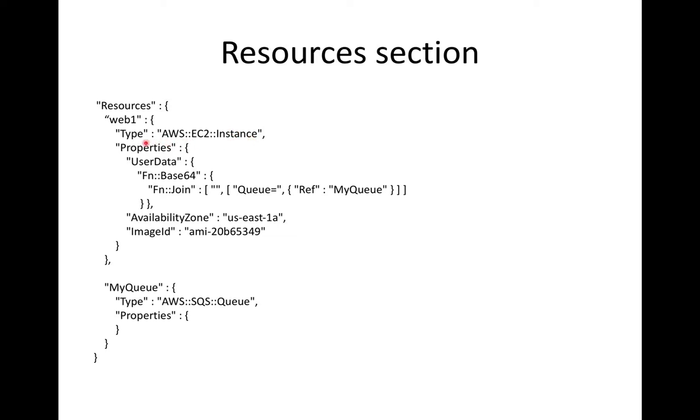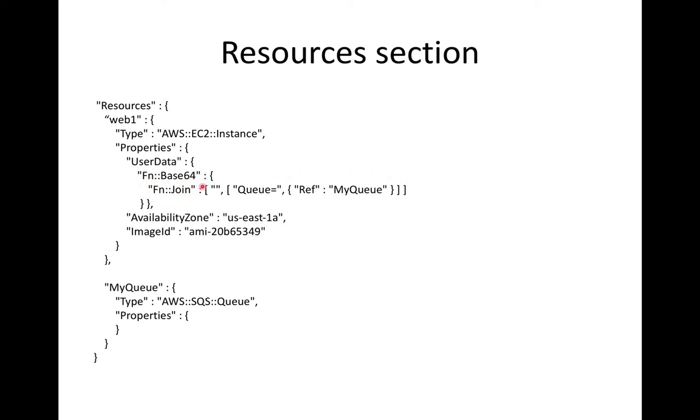And then we have the properties section of the resource. All of this is the properties section. The first property is the user data. Here we are providing user data for this EC2 instance that we want to create. And remember, this user data has to be encoded in base 64 format. So we're using the base 64 function, and we're essentially passing it some user data information.